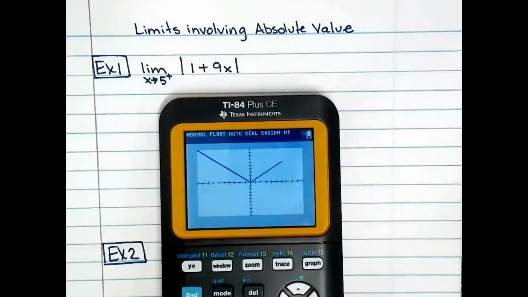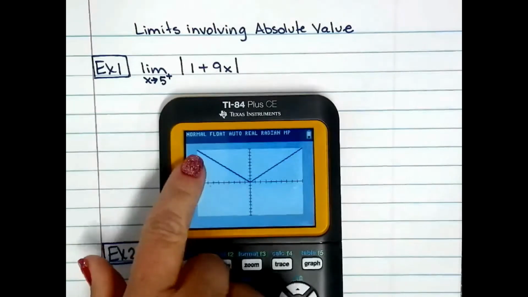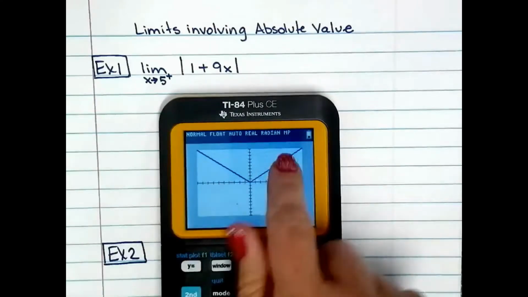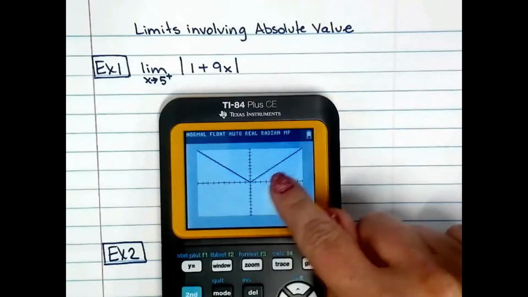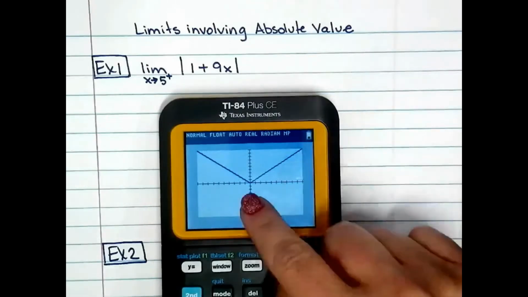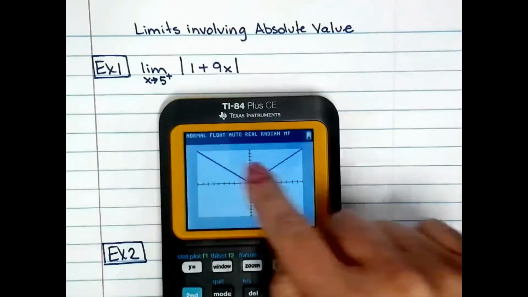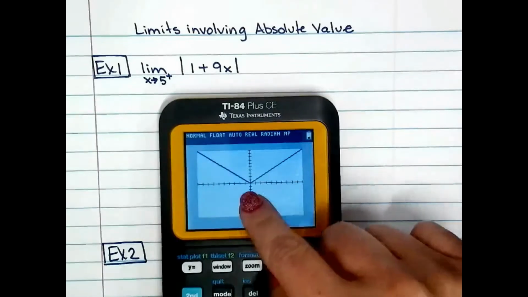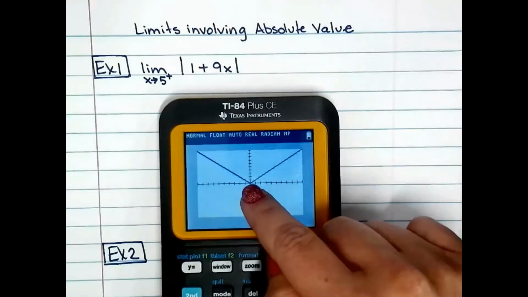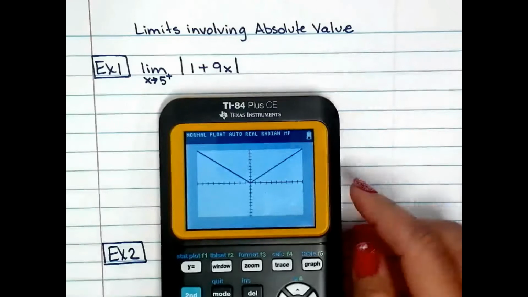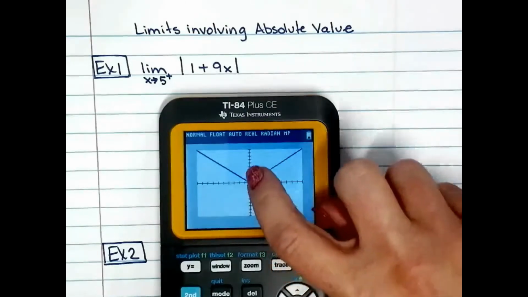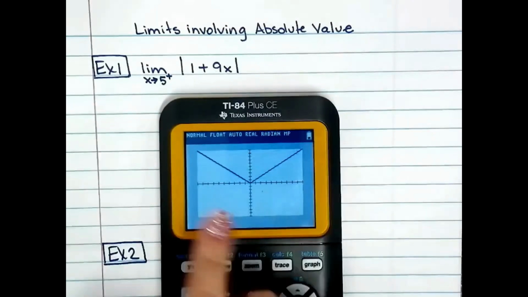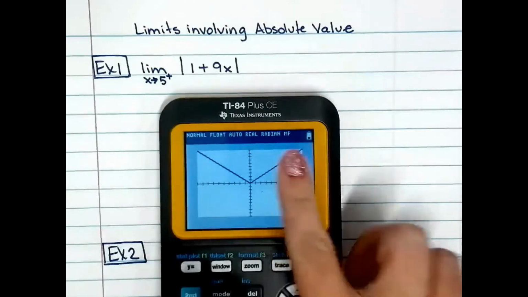When you graph it, it is actually two linear functions together, one with the negative slope and the other with the positive slope. Notice that it changes direction right there at the vertex. And then the axis of symmetry is right there in the middle, so this is a reflection of that.